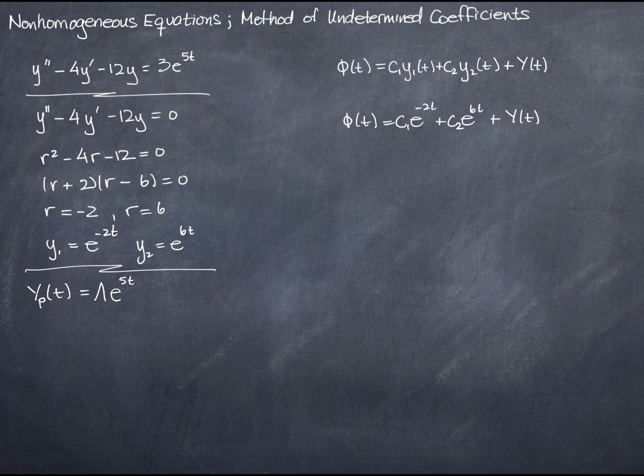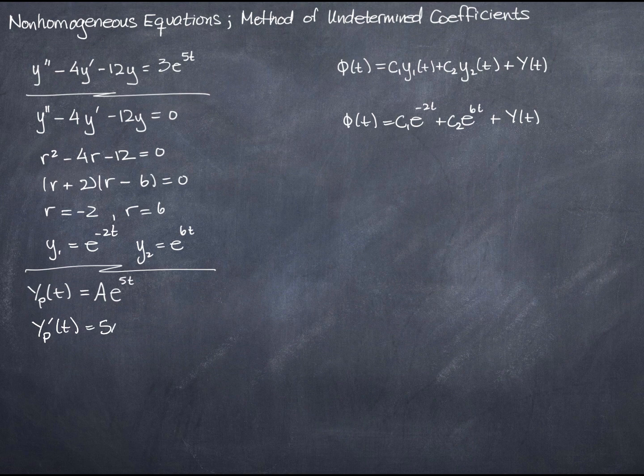So I'm going to say a is my coefficient. I'm proposing that this is a potential solution, and if it is, then I need to be able to plug this y in, which is this expression right here, in place of y. I'm going to need something to replace y prime and y double prime with, so we're going to need to take the derivative twice of y sub p.